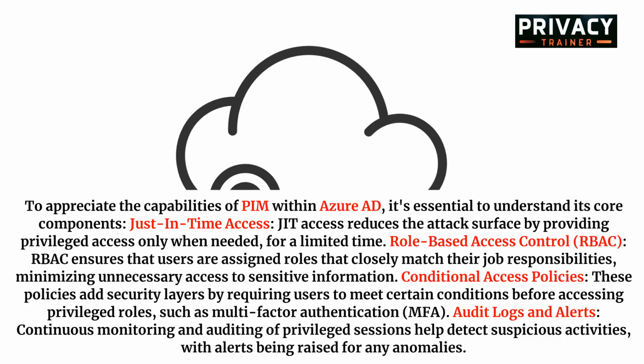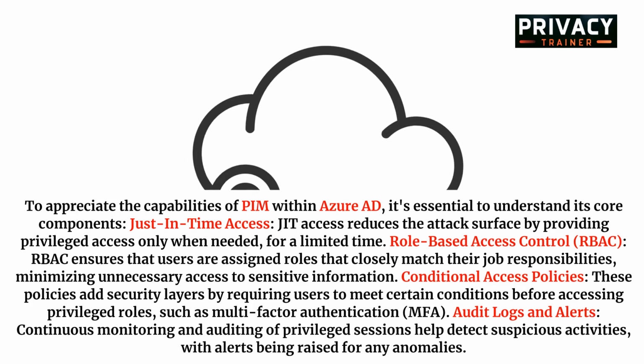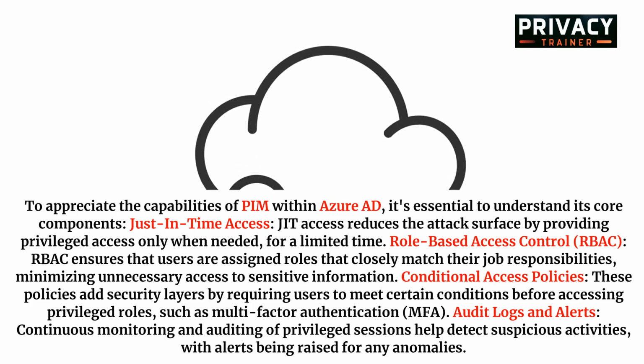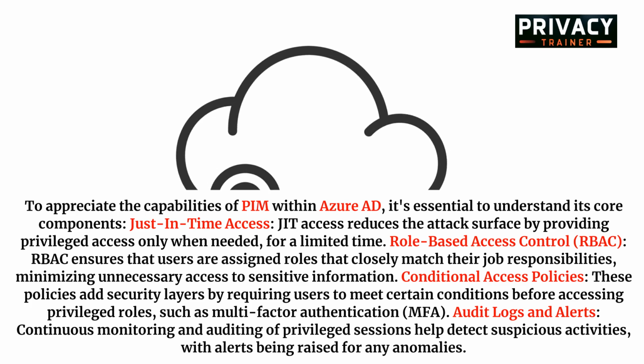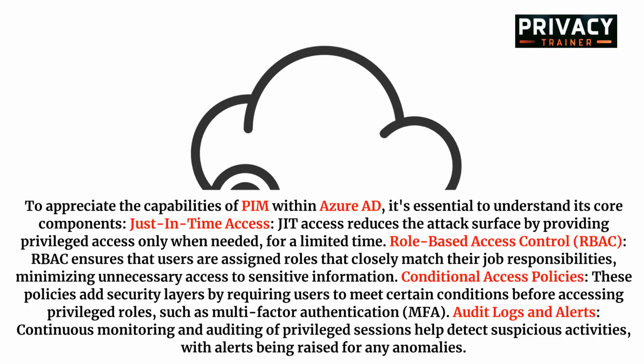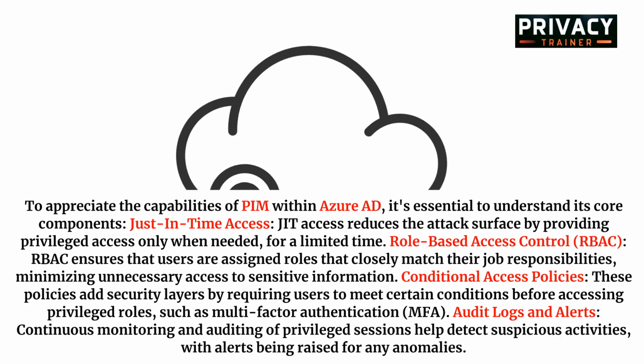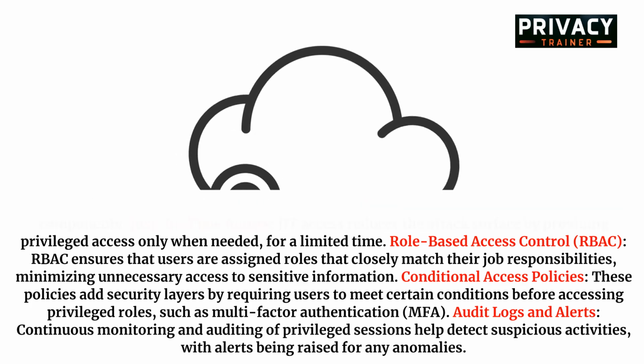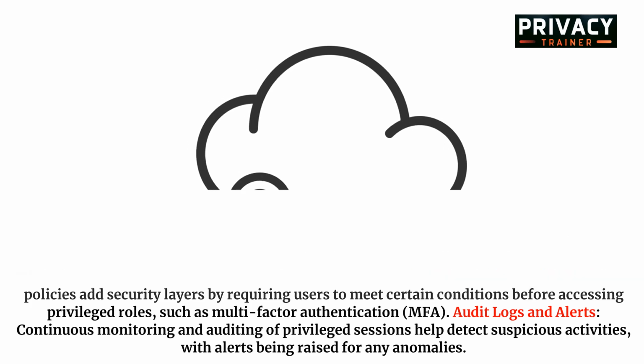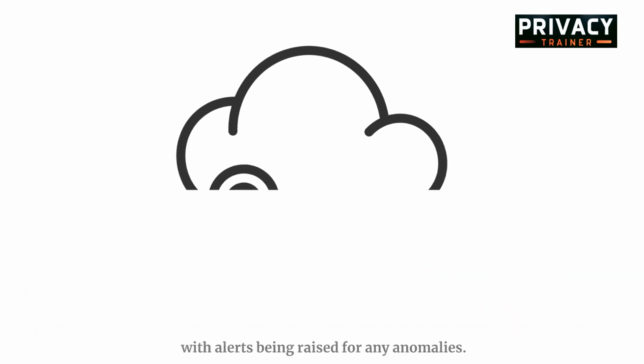Conditional access policies. These policies add security layers by requiring users to meet certain conditions before accessing privileged roles, such as multi-factor authentication, MFA. Audit logs and alerts. Continuous monitoring and auditing of privileged sessions help detect suspicious activities, with alerts being raised for any anomalies.